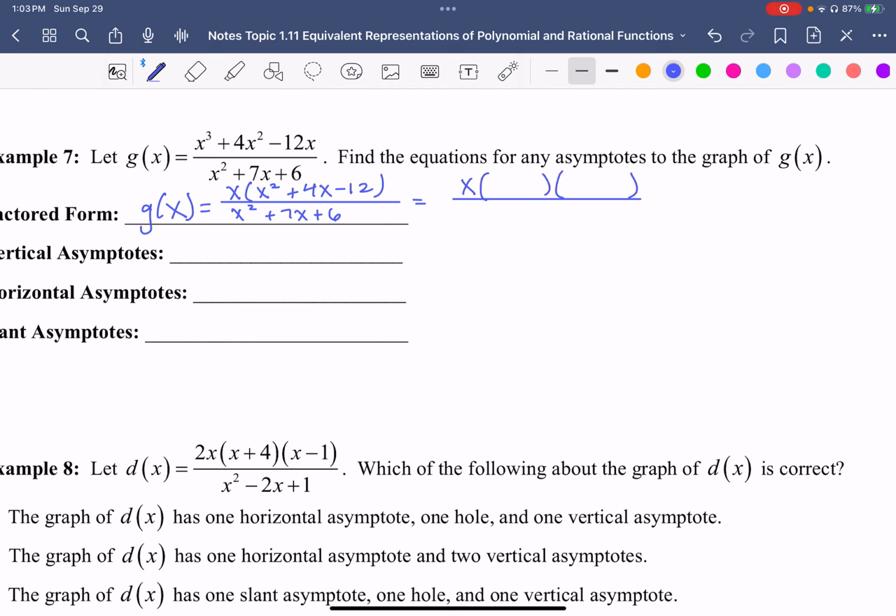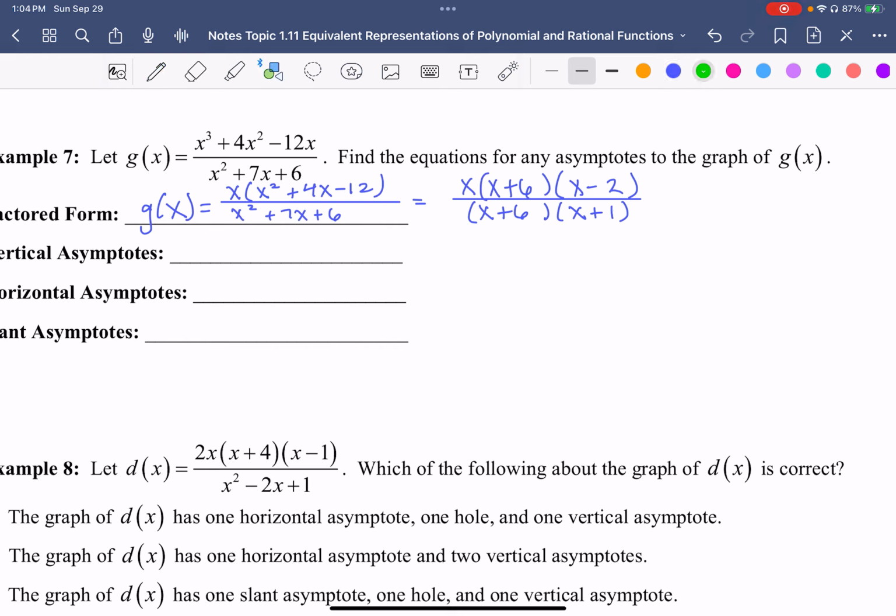Okay, so two numbers that multiply to negative 12 that add up to positive 4 would be x plus 6, x minus 2. In the denominator, I can do x method. Two numbers that multiply to positive 6 and add to 1 would be x plus 6 and x plus 1.